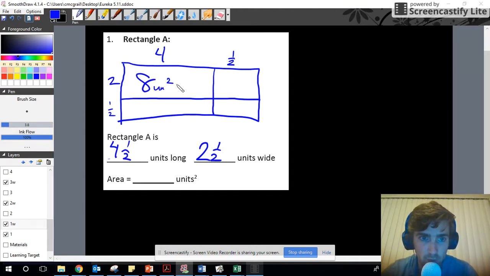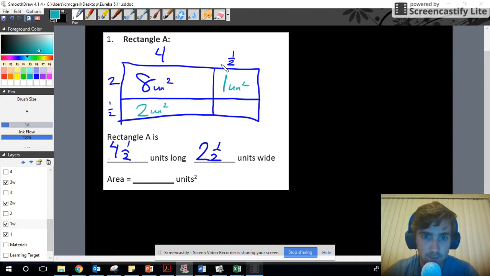Now 2 times 1/2 is, and I'll go for a slightly different color here, 2 halves or 1 whole, so it's 1 square unit. 4 times 1/2 is 4 halves or 2 square units.